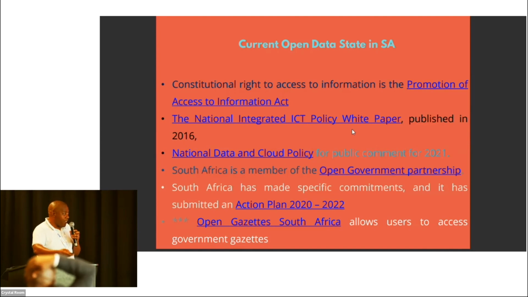But these are things which come to us. So our policies are there, but they are made mainly by politicians, and we are not involved. We have a nice integrated ICT policy, which is a white paper. You find that very few times are the technical people who have the skills involved in this.